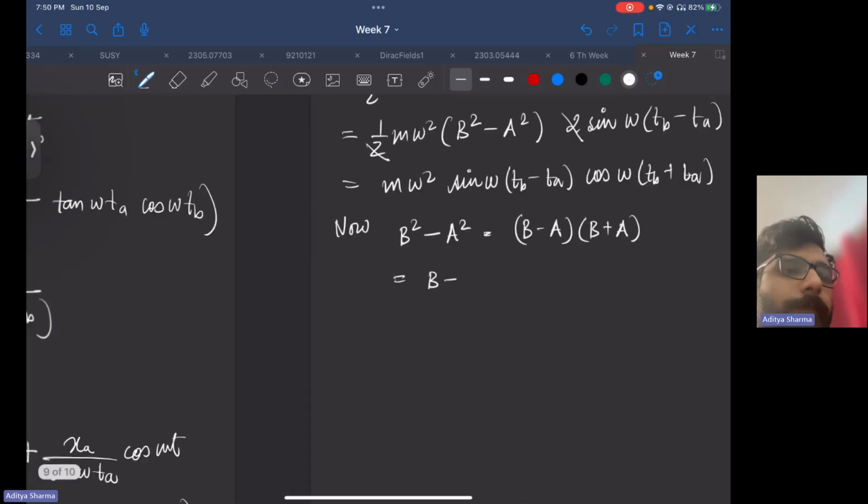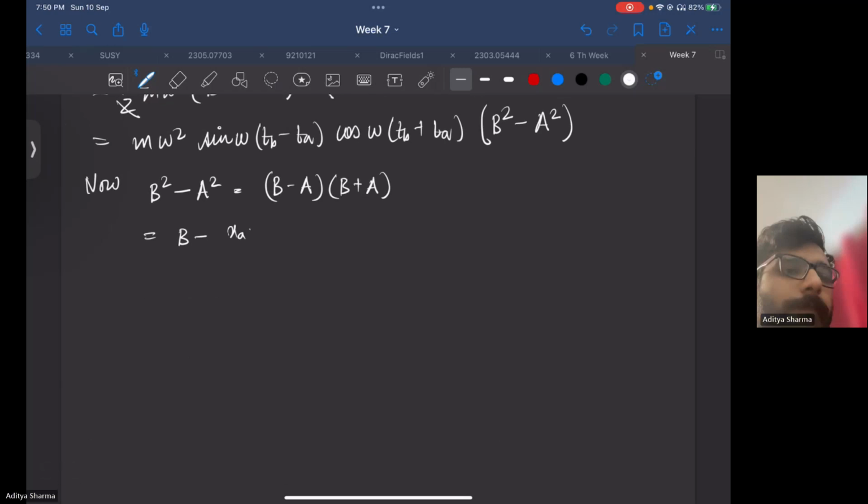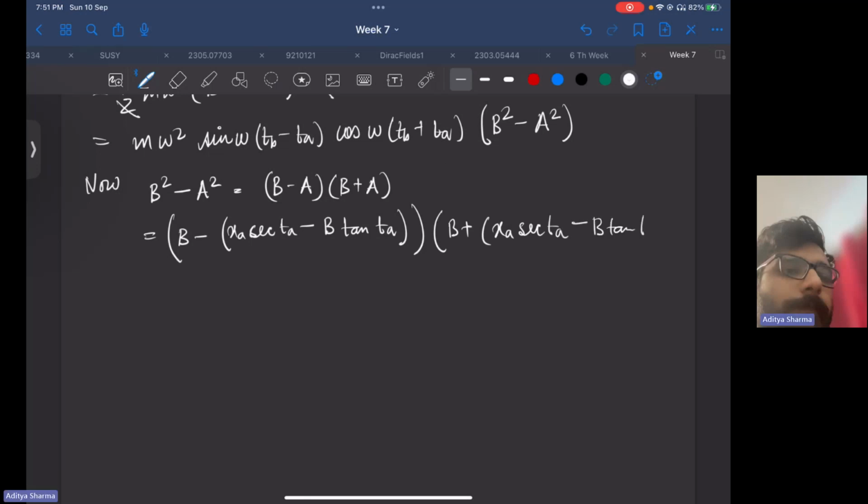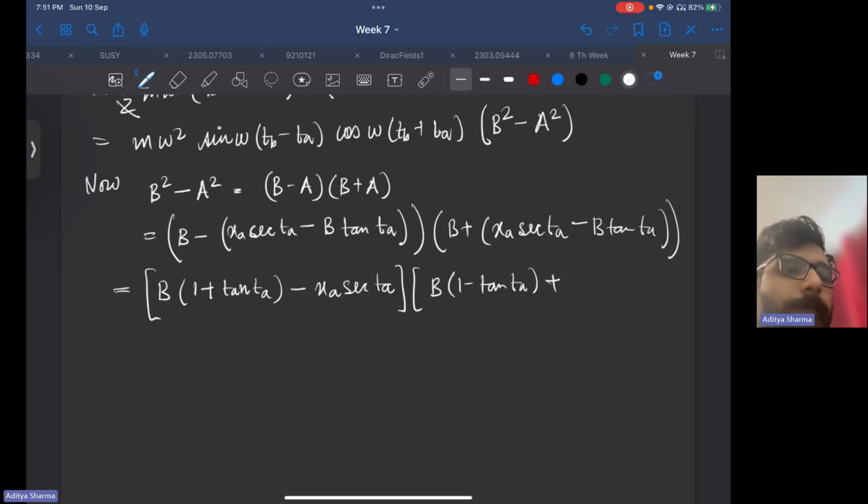I write it like xa minus b sin omega ta, xa cos sec a minus b, b 1 minus tan ta, 1 plus tan ta minus xa sec ta, b 1 minus tan ta plus xa sec ta.